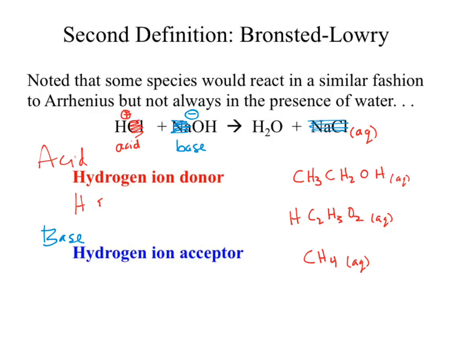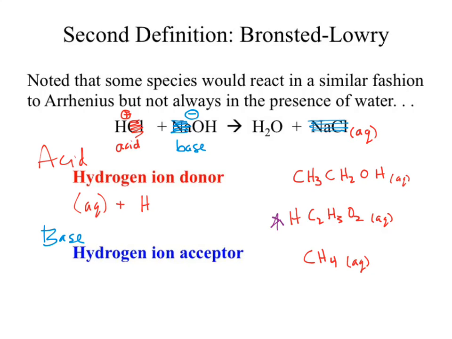Hydrogen, and aqueous officially. All of these have hydrogen, all of these are aqueous. Still didn't work. So we need to fix our definition a little bit more. Sorry, I'm going to rewrite that a little bit. Which one of those is the acid? Only the middle one is an acid.